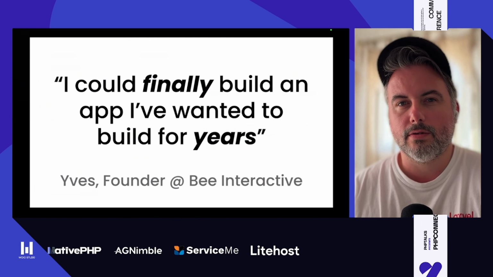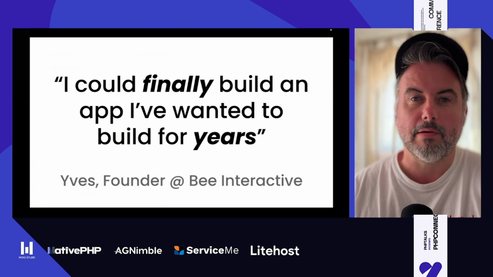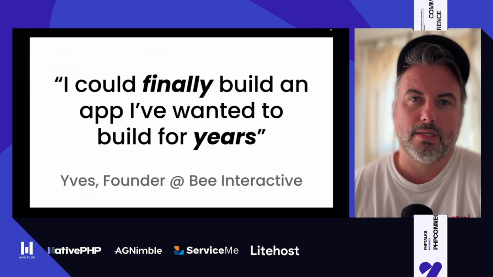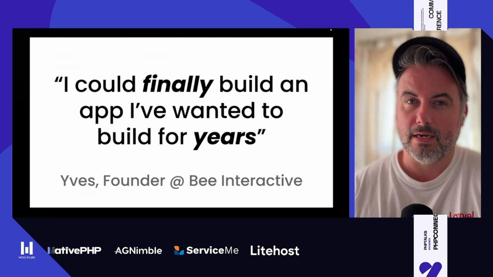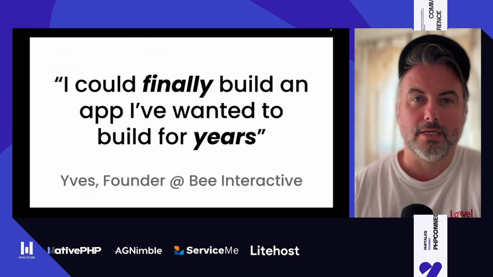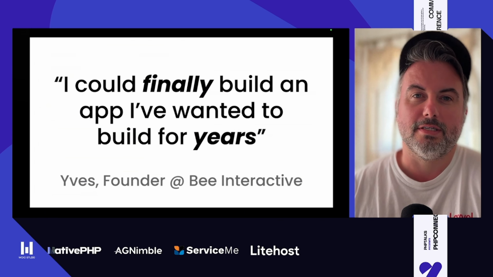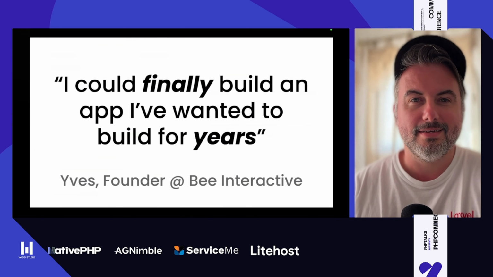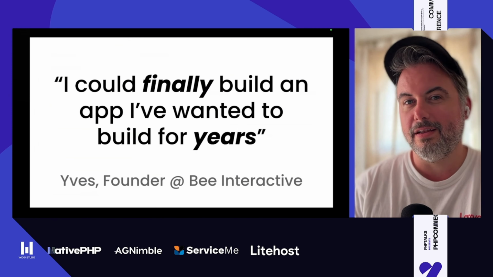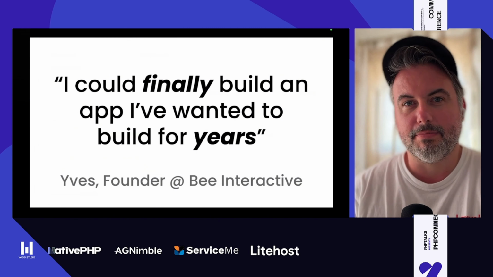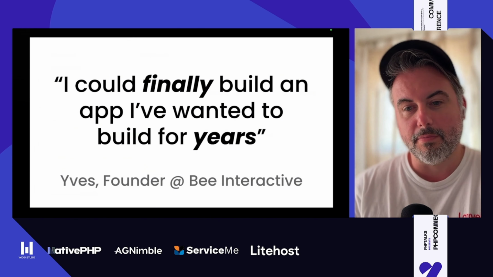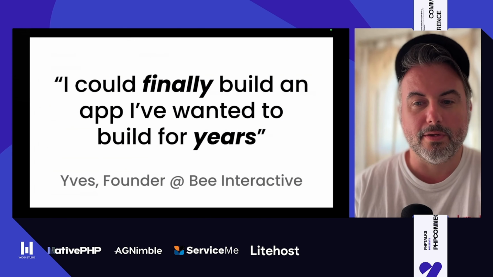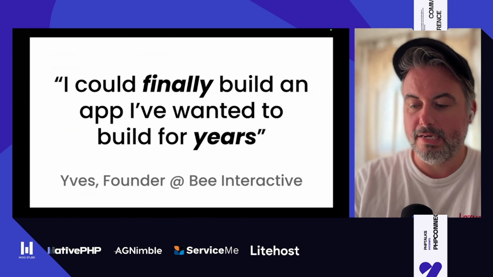So we've had loads and loads and loads of developers come and start using native PHP. They've been building apps and they've been absolutely loving using this technology to do so. They think it's easy. They think it's quick, and they love telling us that that's what they're experiencing. This is from Eve, who has built an app that he's wanted to build for years.